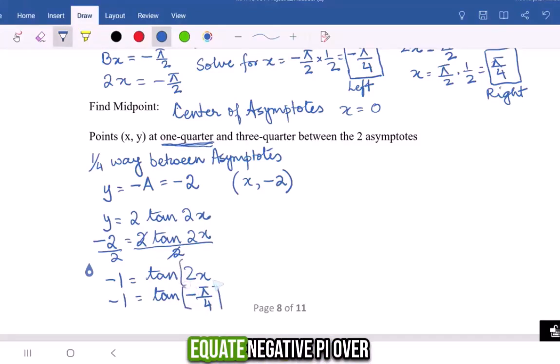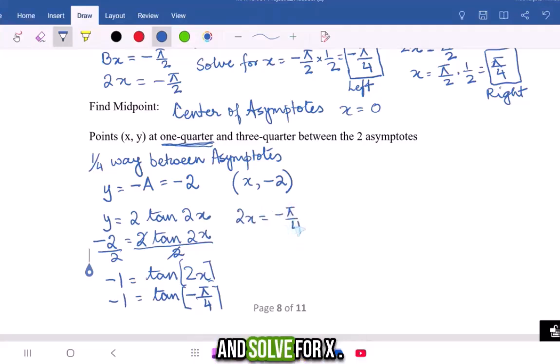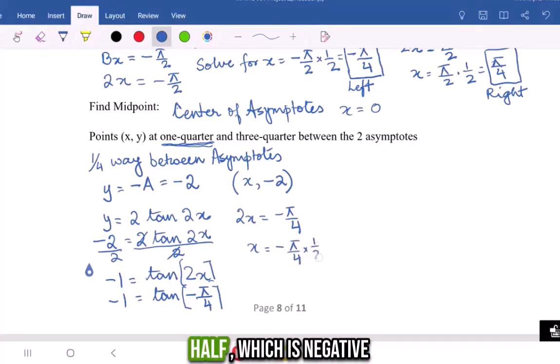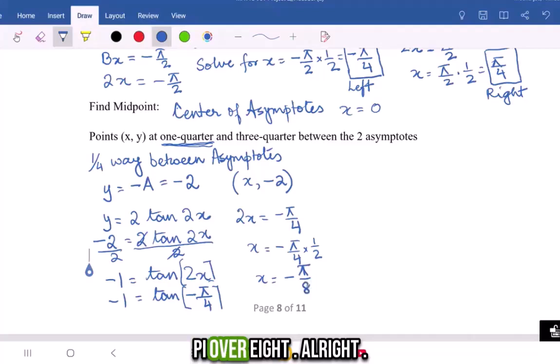Therefore, we can equate negative pi over 4 and 2x. So we can write an equation, 2x equals negative pi over 4, and solve for x, correct? So x would be equal to negative pi over 4 multiplied by 1/2, which is negative pi over 8.